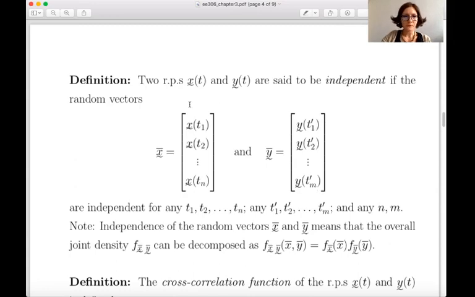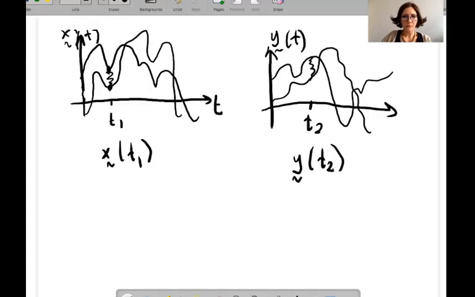If you want to go back to the picture, I'll just change my notation in here. Let's make this one t1 prime. So we have some t1 prime here.